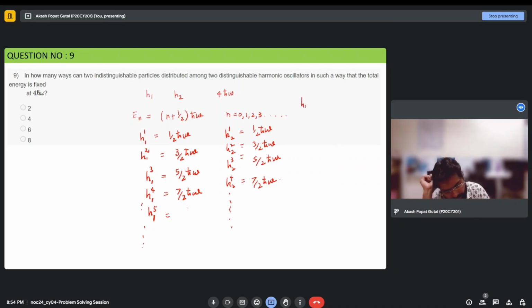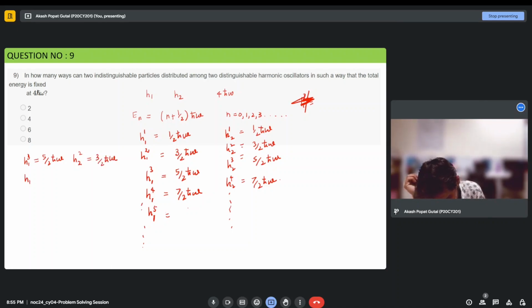So H1 at quantum number 2... it's not working. Fine, I will write here. H1 at 3 is 5/2 ħω, and H2 at 2 will be 3/2 ħω.